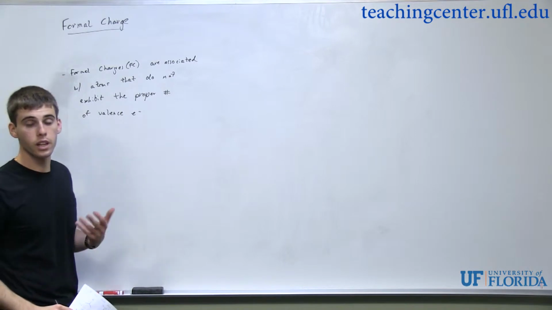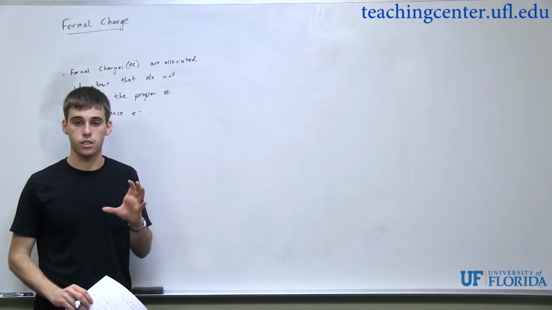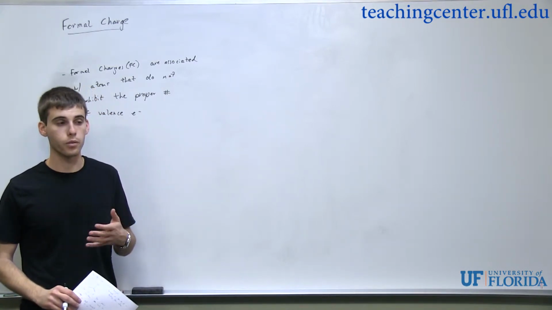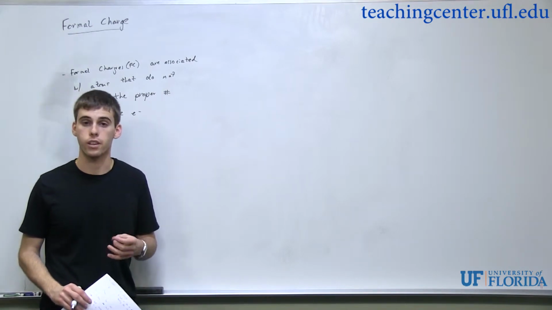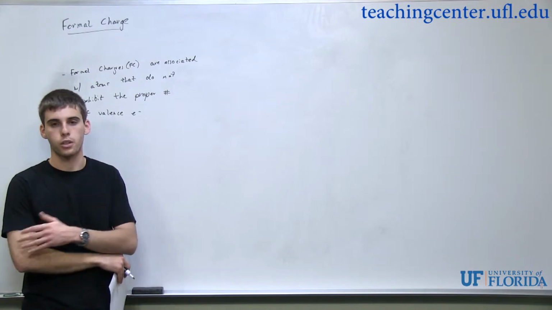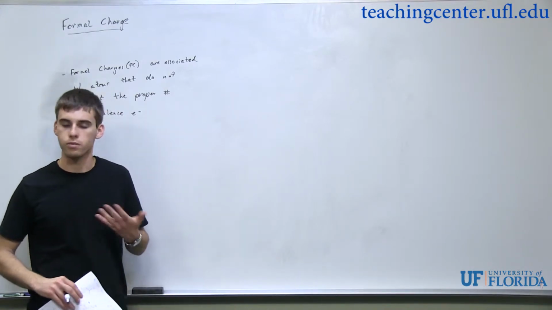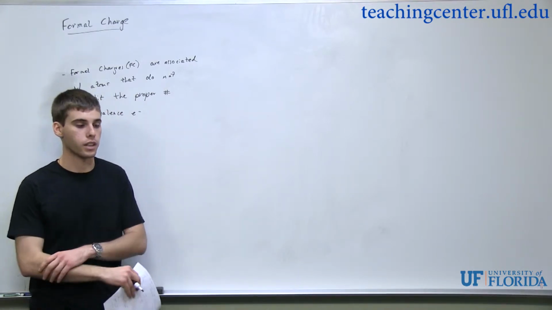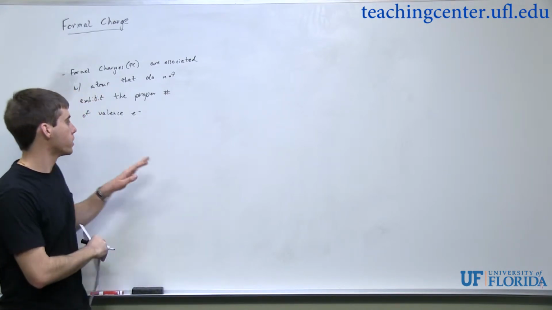Remember, valence electrons are the electrons in the outer shell. Generally, atoms seek to have that stable octet, except for hydrogen and boron. There are a couple of exceptions, but for our purposes we're going to talk about atoms in terms of an octet.